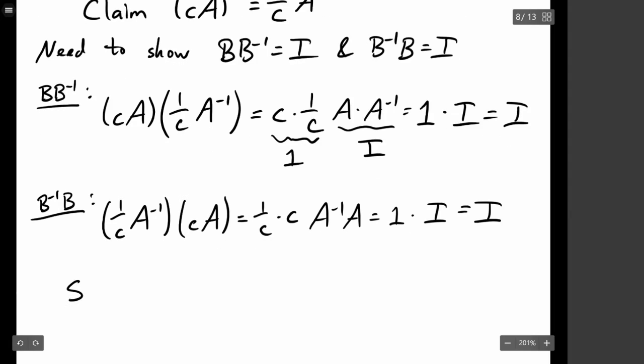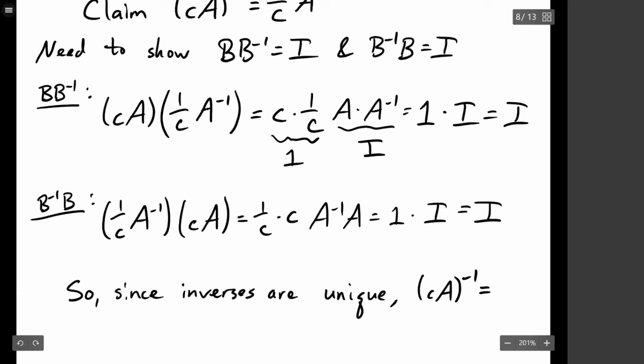So we would say here, since inverses are unique, the inverse of CA must be 1 over C times A inverse.